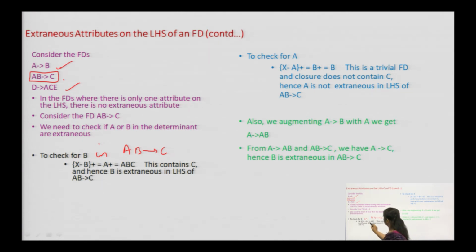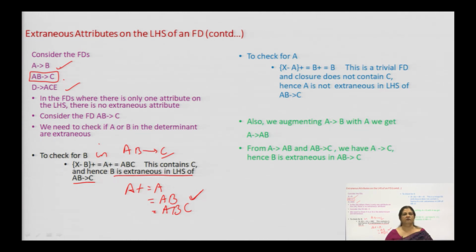Because A determines B, so we get A closure is equal to A, which is equal to AB, and AB determines C, which is equal to ABC, which contains C, which is the right hand side, and hence we say B is extraneous in the left hand side of AB to C, right.